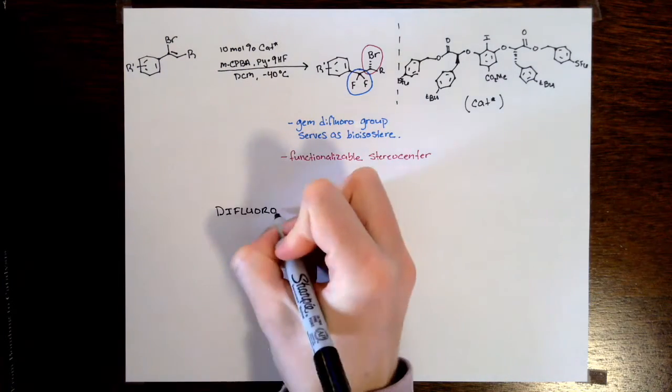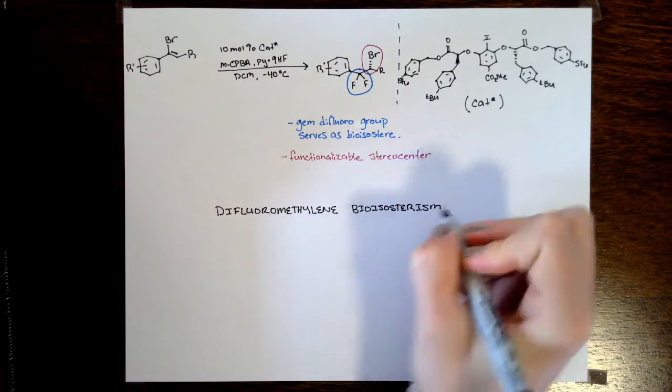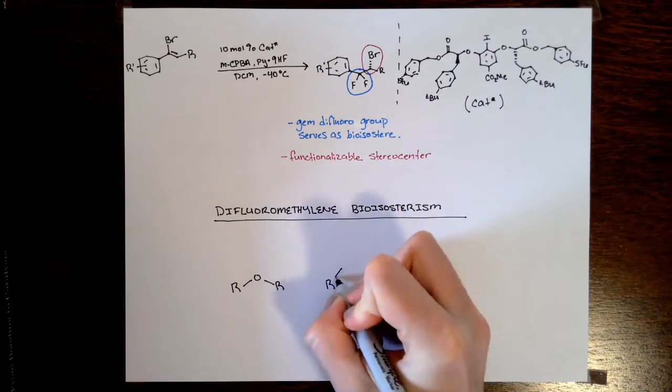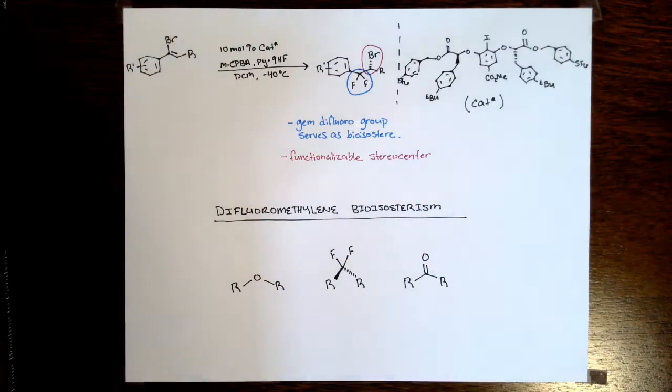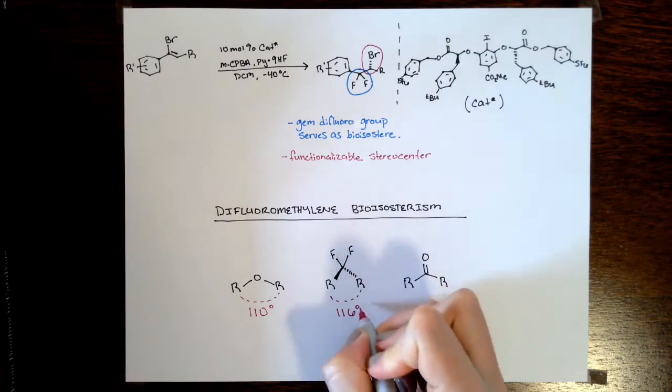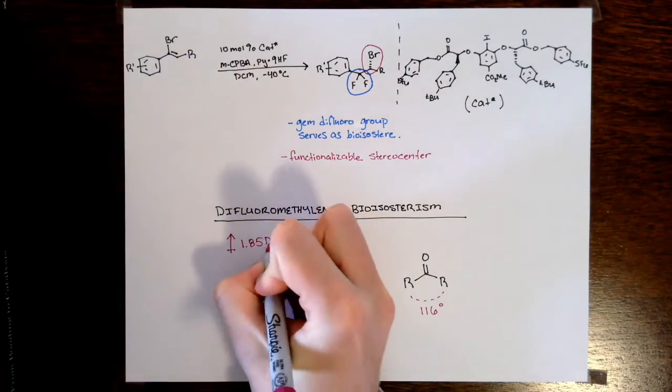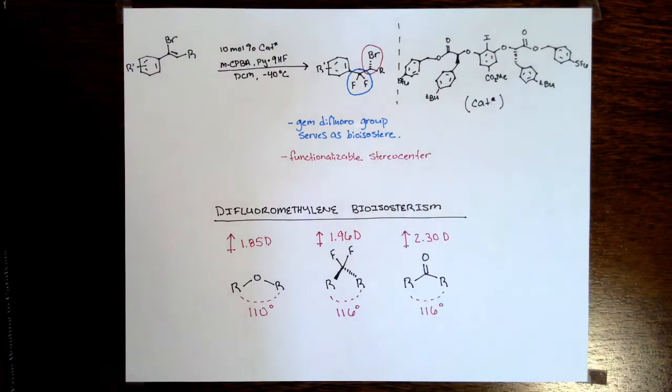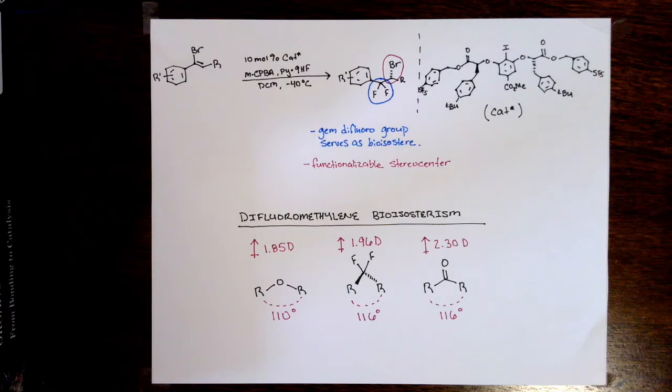But as Grace previously mentioned, what has been found in the medicinal and pharmaceutical industries is that having a difluoromethylene group can be a bioisostere for functional groups commonly found in natural products. So the paper has a nice summary of this in their figure 1A, where they show that the dipole of this gem-difluoride is similar to that of both an ether and a ketone.